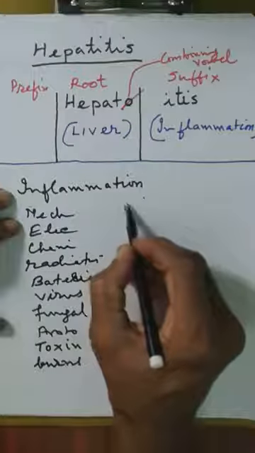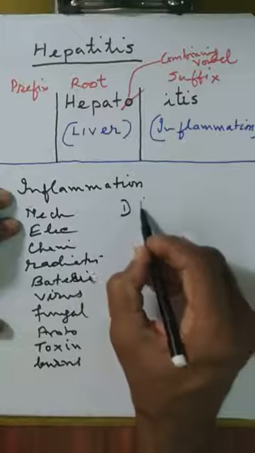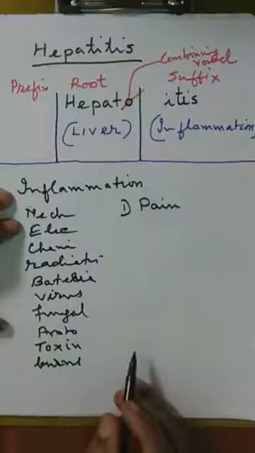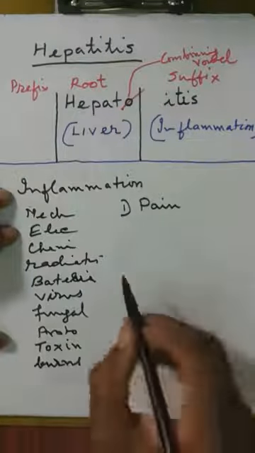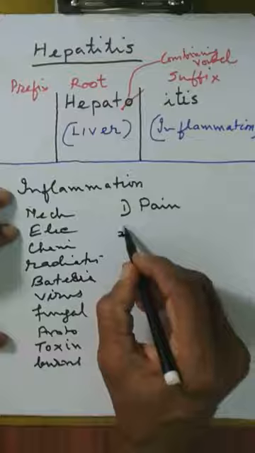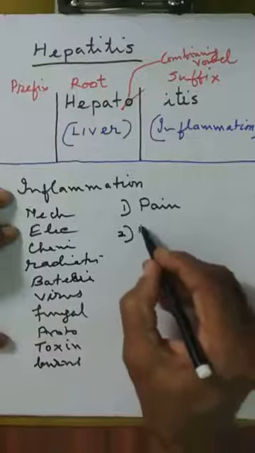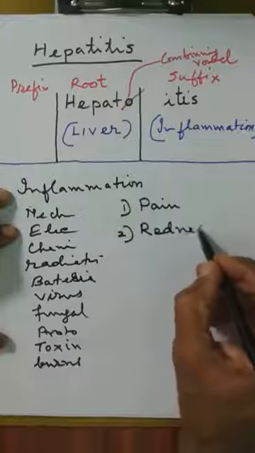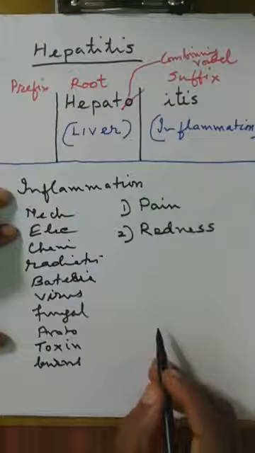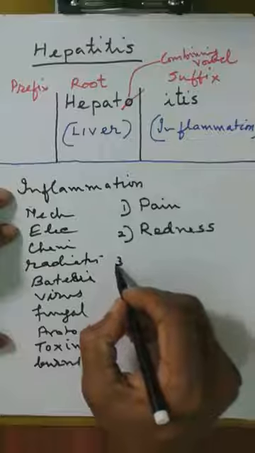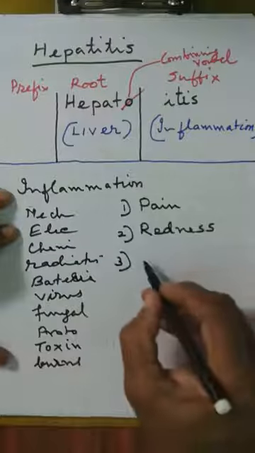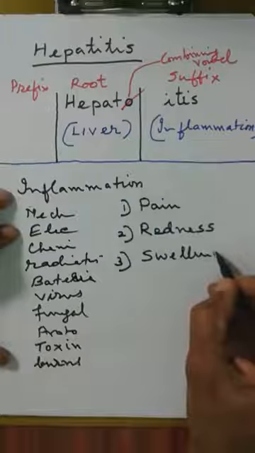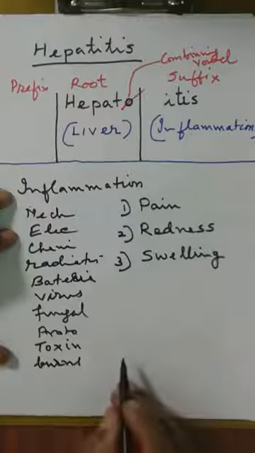Number 1 is pain. Pain will happen. Number 2, color will change to redness. Red color will come. Number 3, swelling. Swelling will happen.